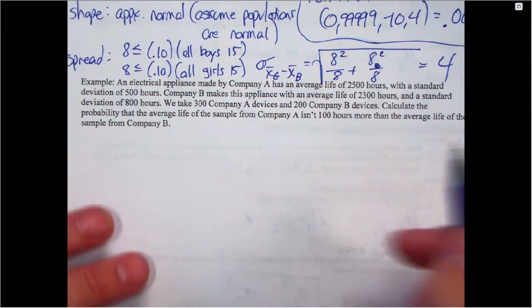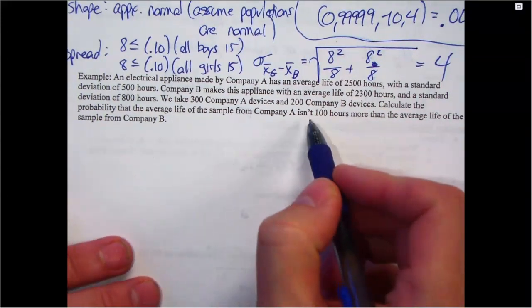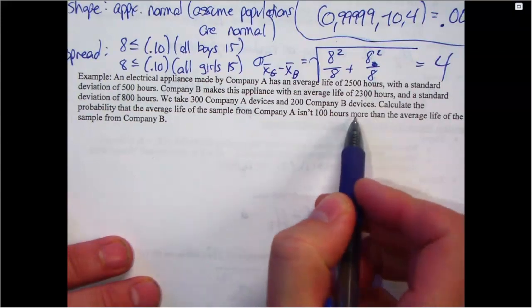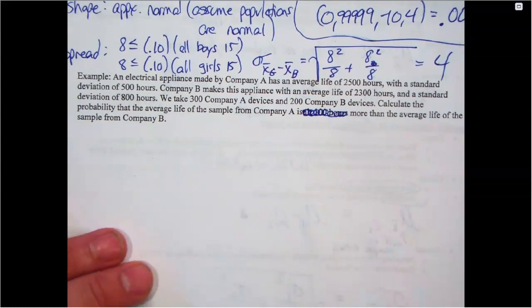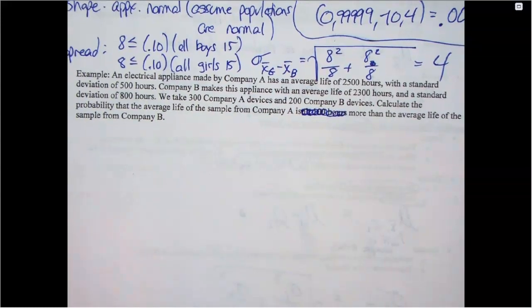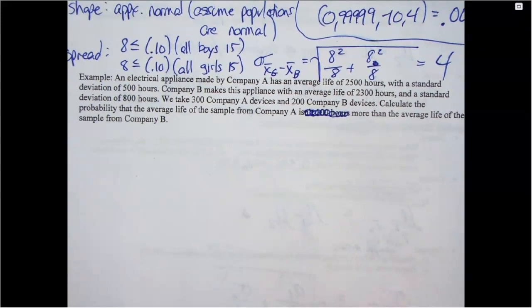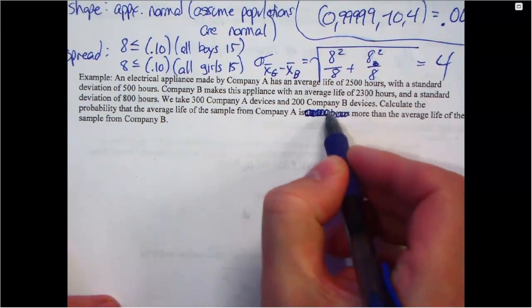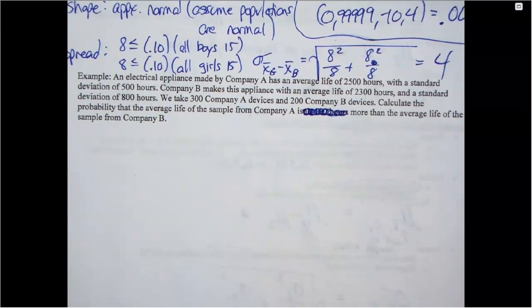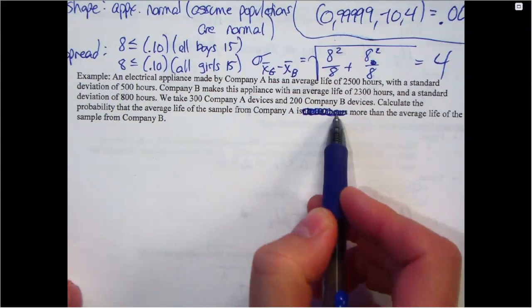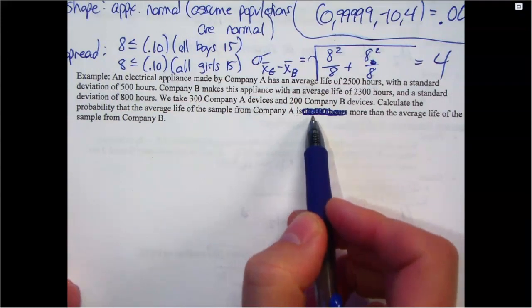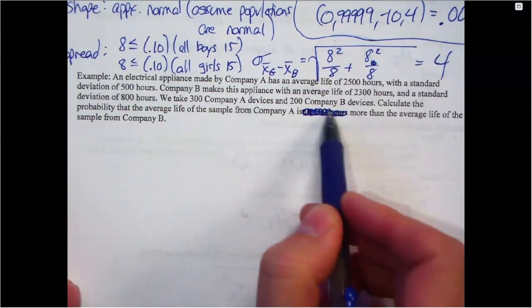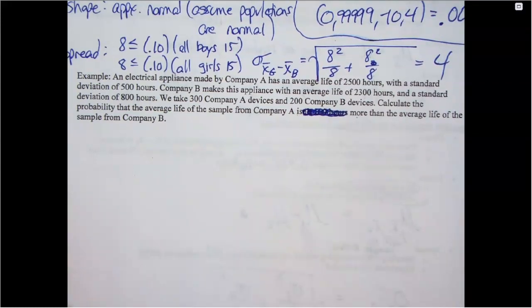Oh wait, I want to change this first. You see where it says isn't 100 hours more than? Cross it out to make it say is more than. Make sure you got that because it won't make any sense if you don't.